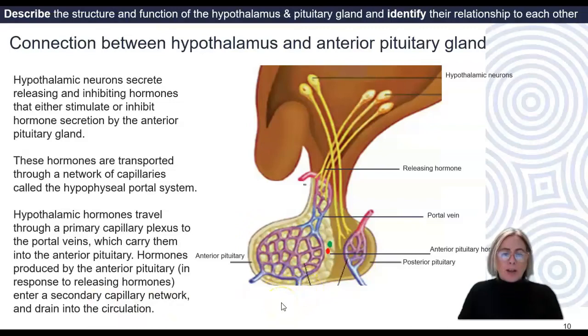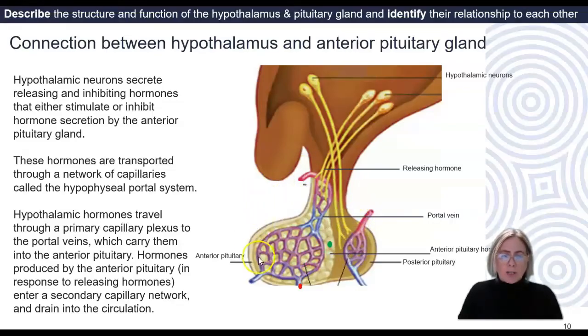So we might just look at that again. We've got our releasing hormone here, and it enters that primary capillary plexus into the anterior pituitary gland. And in response to that releasing hormone, the anterior pituitary gland then makes another hormone which enters a second capillary network and drains into the circulation.